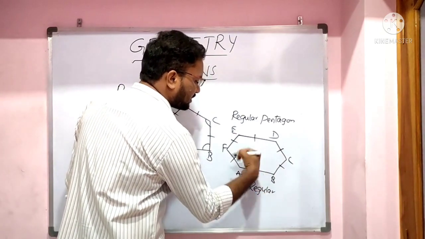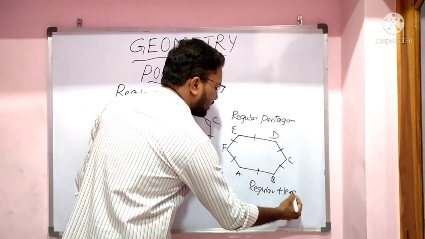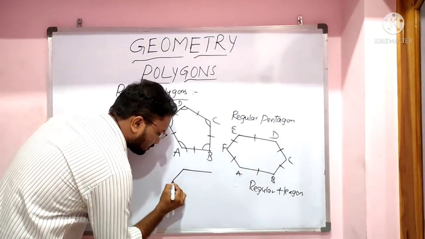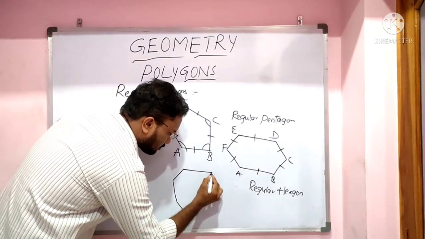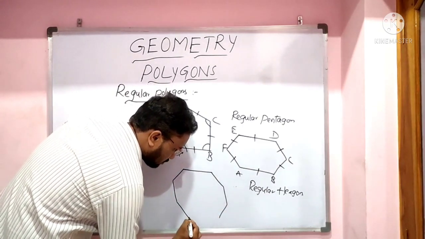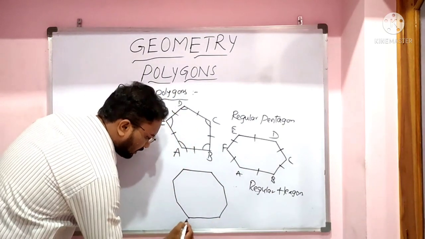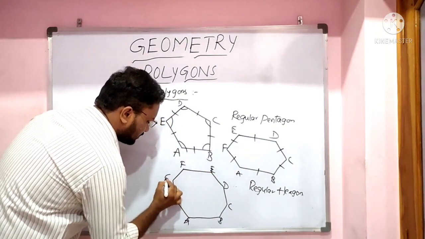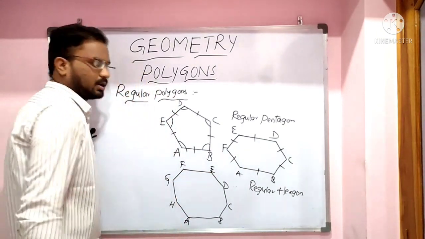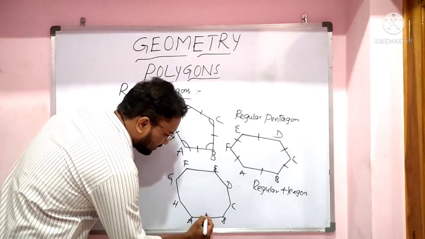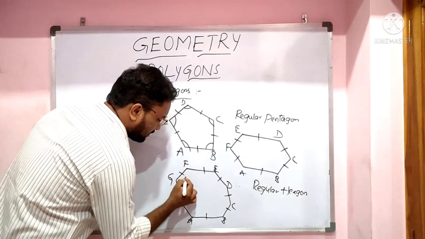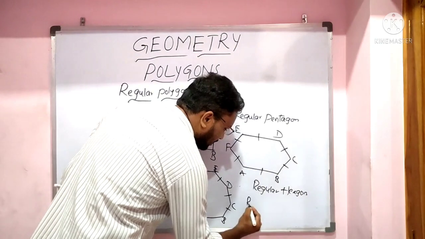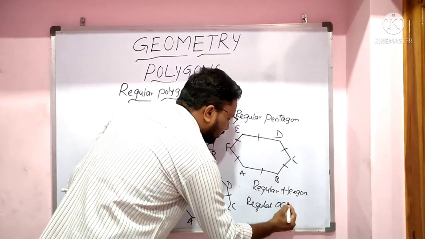Now if I take A, B, C, D, E, F, G, H, here all sides are equal and this polygon contains 8 sides, so it is a regular octagon.